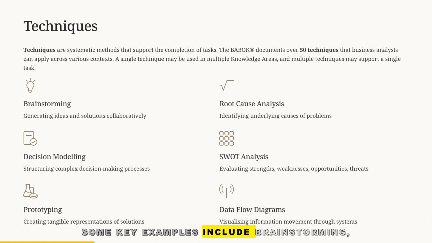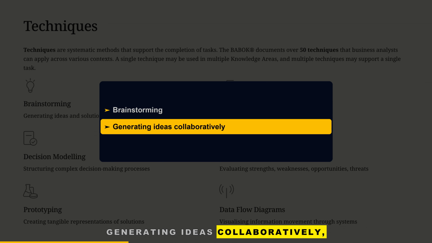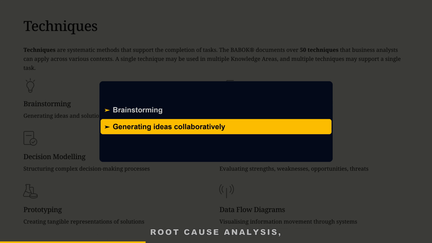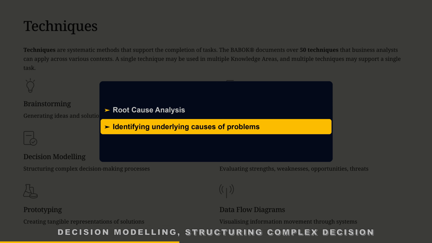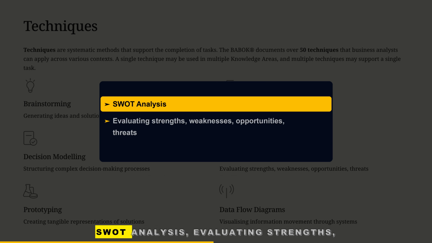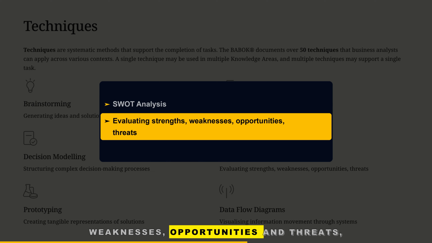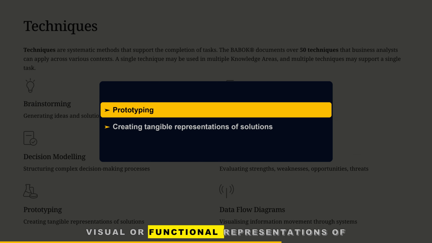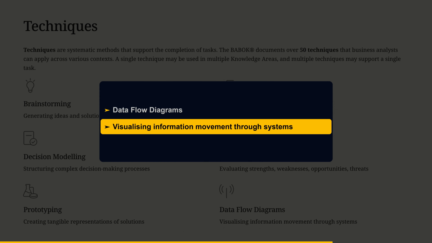Some key examples include brainstorming, generating ideas collaboratively; root cause analysis, identifying underlying causes of issues; decision modeling, structuring complex decision-making processes; SWOT analysis, evaluating strengths, weaknesses, opportunities, and threats; prototyping, building visual or functional representations of potential solutions; data flow diagrams, mapping how information moves through a system.